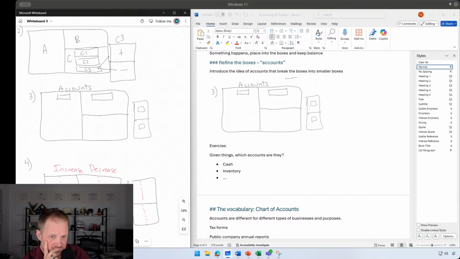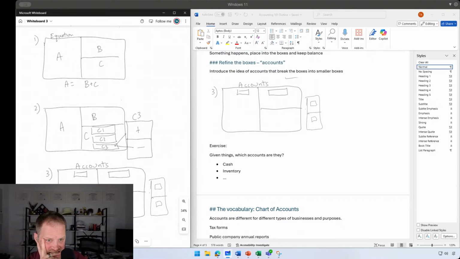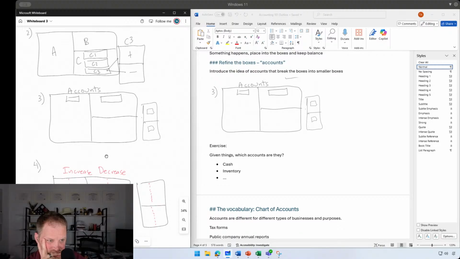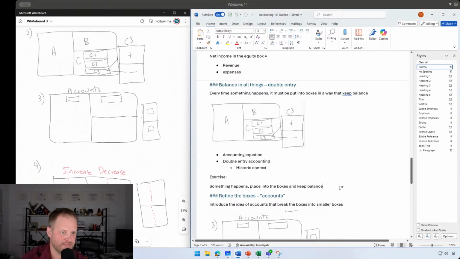So we need to introduce increase and decrease. Should we do that before accounts? When we introduce double entry? Yeah, let's do that.